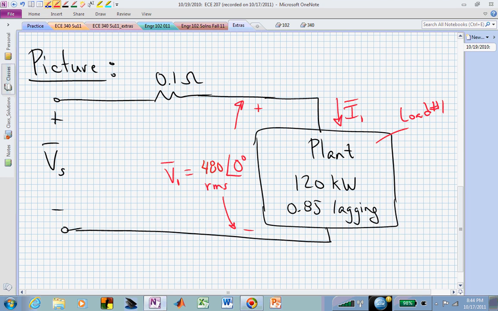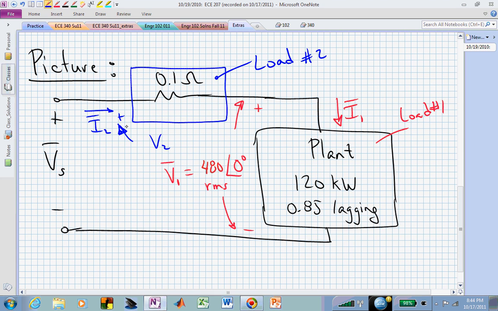And this transmission line is what we will call our second load. There's load number 2, and it also has a current supplying it and a voltage drop. Let's say V sub 2 bar from left to right, plus to minus.